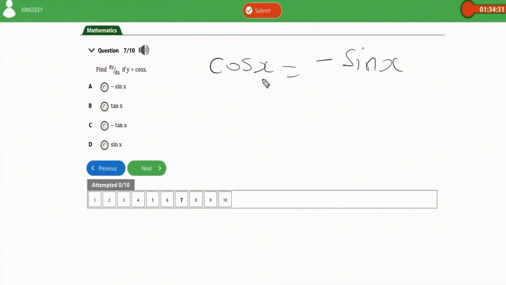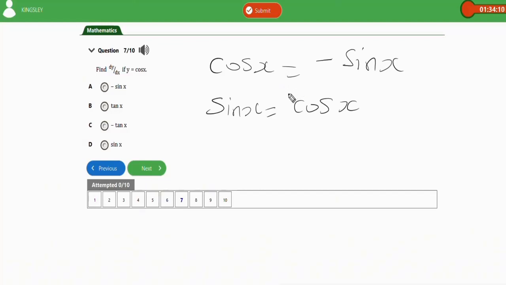It's as simple as this. Whereas if you are differentiating sine x, you're going to have cos x. So just get used to these basic trigonometry identities and you'll be good to go. Questions like this don't need to even spend up to 5 seconds to solve them.